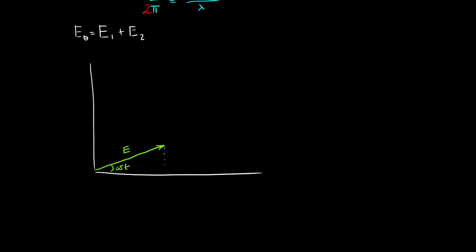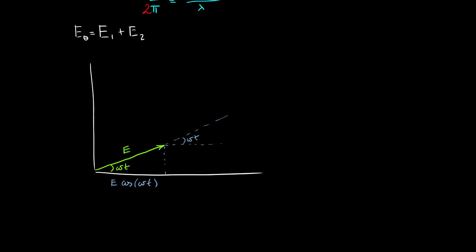So this will be my E cosine omega t. Now if we make another horizontal here, I can build head to tail the first, E1. Let's try to see again this angle omega t here, and then we need some little phi angle, so it will give us the same length vector.